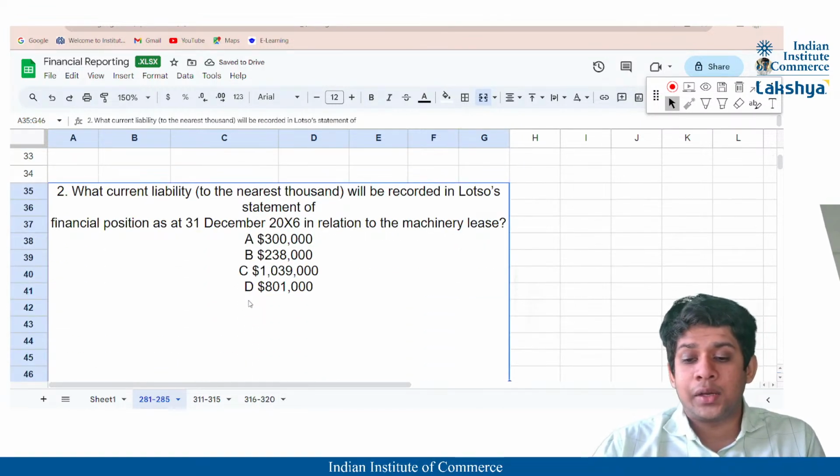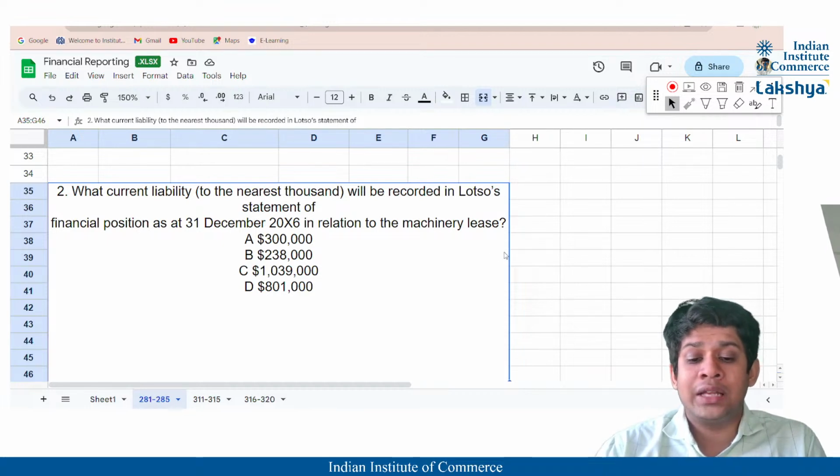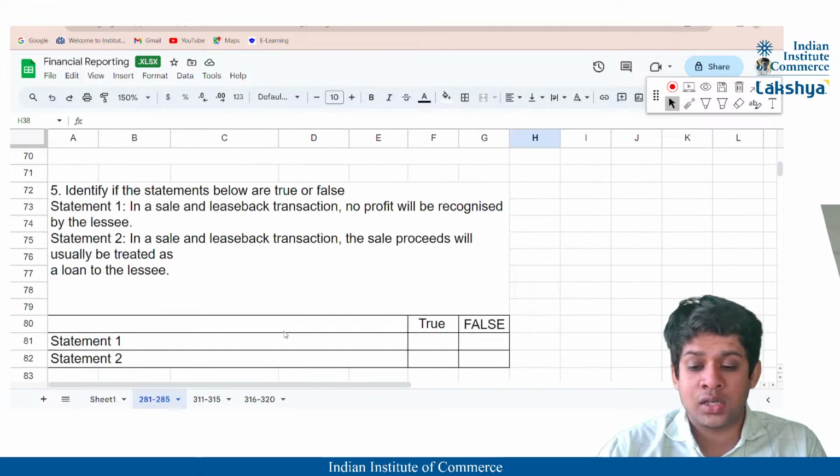Now, let us look at the second question. What is the current liability to the nearest thousand which will be recorded in the statement of financial position as at 31st December 2016? So we have to calculate the current liability for the first year end.